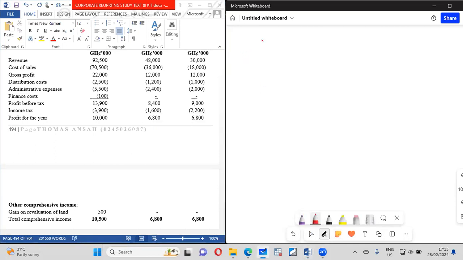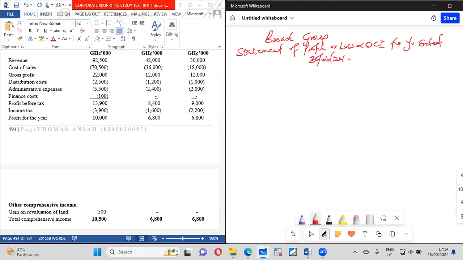So what are we doing? We are doing the P&L, and it is the Broad group, before we even start our workings. We know that we are supposed to prepare a statement of profit or loss, and the question said we should add other comprehensive income for the year ended 30th June 2016.